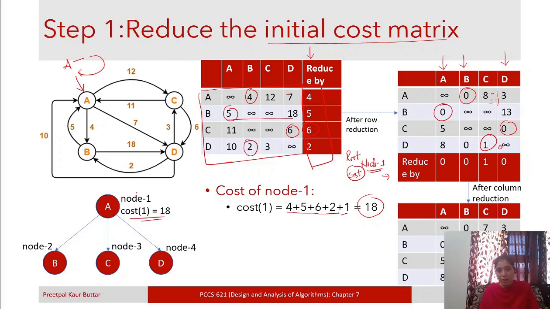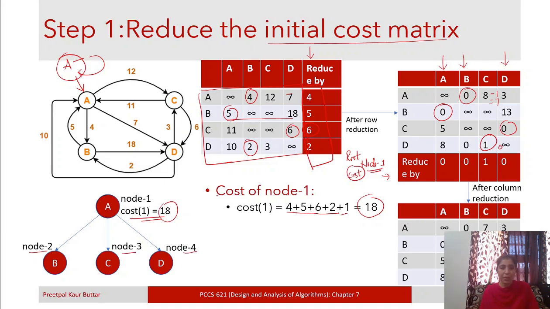So it means the overall cost of the traveling salesperson problem on this graph by taking A as the initial node is 18. Then the second node which we can visit can be B, C or D, right? So let us call these node 2, node 3 and node 4.